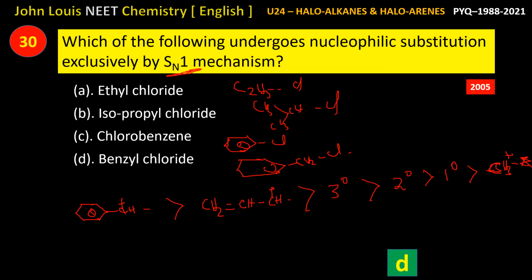So which one will be more stable? The one which is bulky in nature: the carbon which is bonded to the halogen, and on the other side it is bonded to the benzene. Whichever is bulky, that will be more stable, so that reaction will be favored. Among these four, which is bulky?